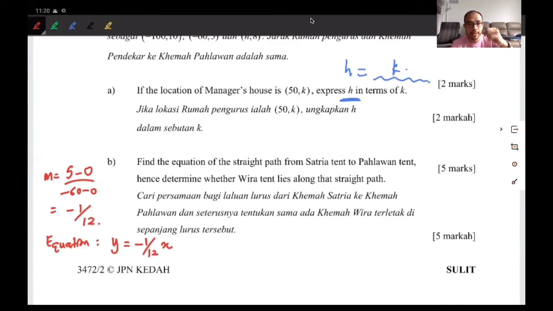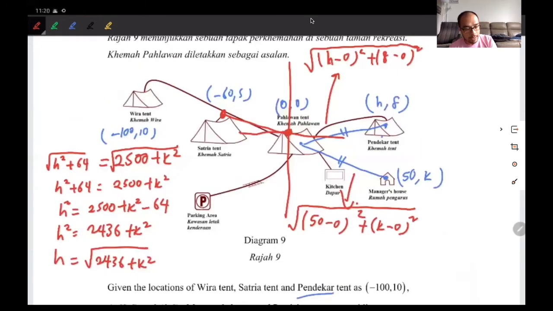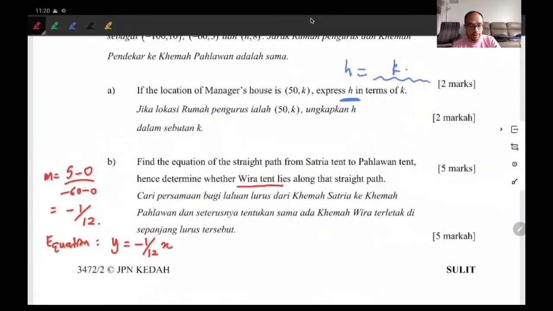Now, hence, determine whether Vira tent lies along the straight path. If I extend this line, will the Vira tent be on this line? I know that the Vira tent's coordinate is negative 100, 10. So if I substitute the value of x, when x equals to negative 100, y should equal to 10.